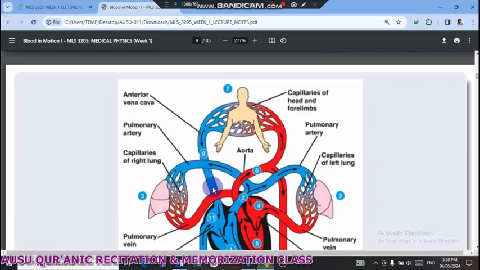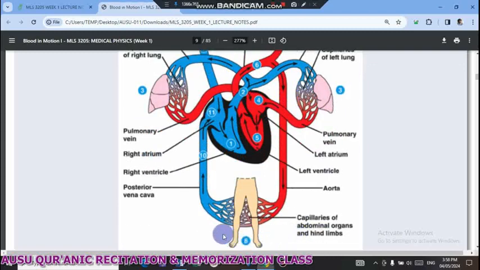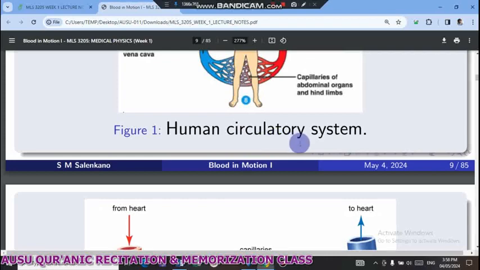You can see 9 here. It goes down to the right atrium and enters. The one that goes down here will also come up here and enter through here without the oxygen, and the cycle repeats itself. This is how blood kinematics is, a human circulatory system.